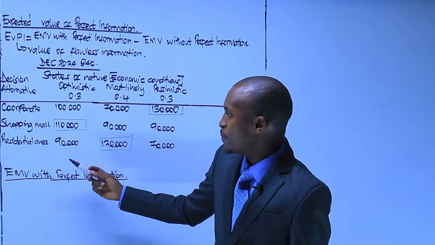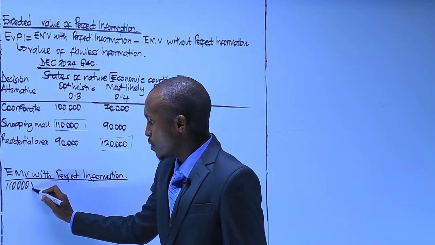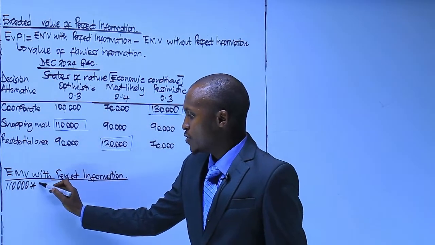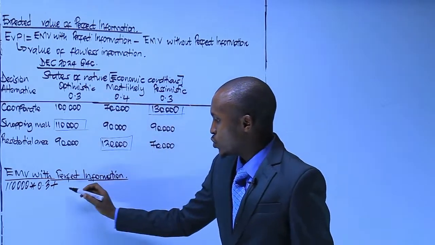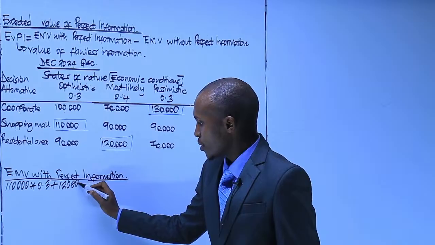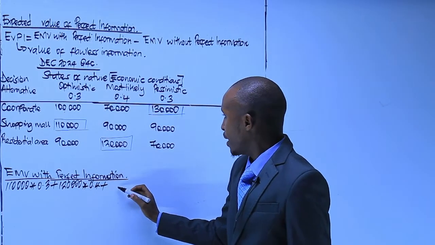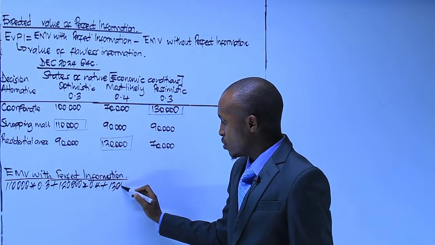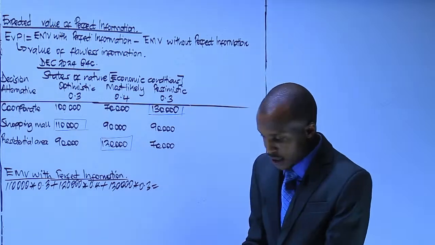And how will that be? It is 110,000 with a probability of 0.3, plus 120,000 with a probability of 0.4, plus 130,000 with a probability of 0.3.